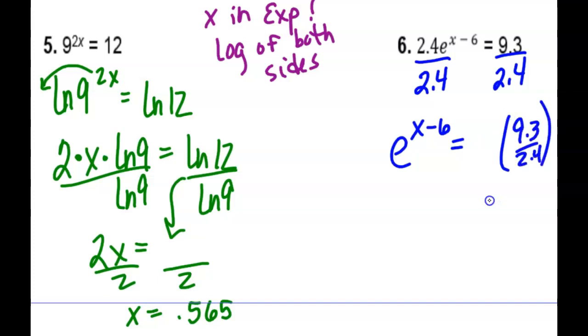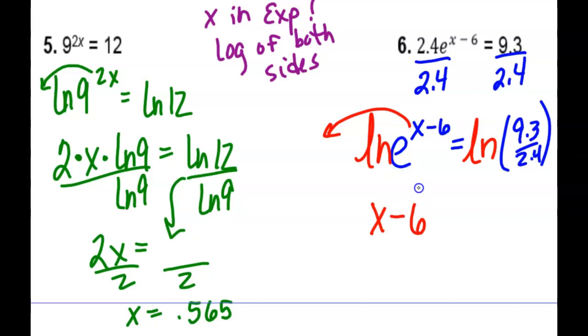It's going to help us later to not have to round a bunch of times. Then what are we going to do to both sides because of the e? Take the ln of both sides. And then the x minus 6 is going to move out in front. And the natural log of e is what? Yep. So this is really times the natural log of e, but that's just 1.